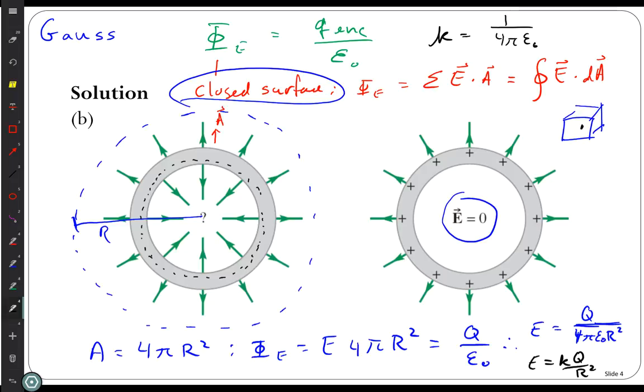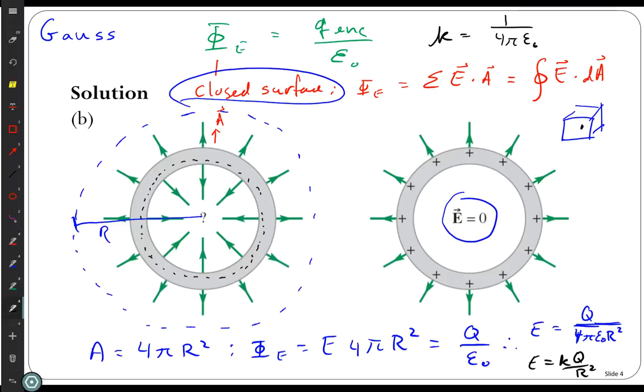Well, there's an easy way and a hard way. The easy way is to say, well, the total flux has to be the charge enclosed over epsilon 0. And since there are 6 symmetrically equivalent surfaces, the flux for one surface is 1/6 of Q over epsilon 0. That's quick and easy. That's if you understand conceptually what's going on.